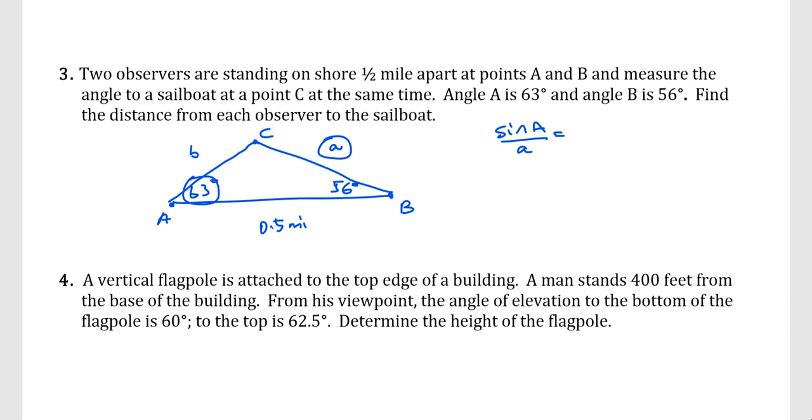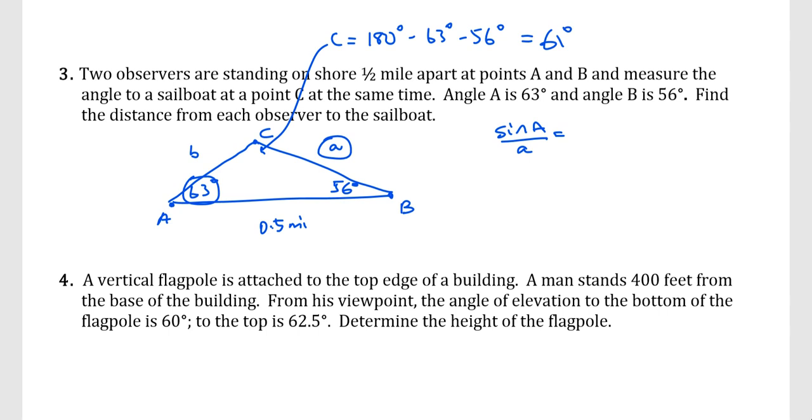Well, this is like that example that we just did before, where we can easily calculate angle C, right? This one can be easily calculated as 180 minus 63 minus 56, which is 61 degrees.